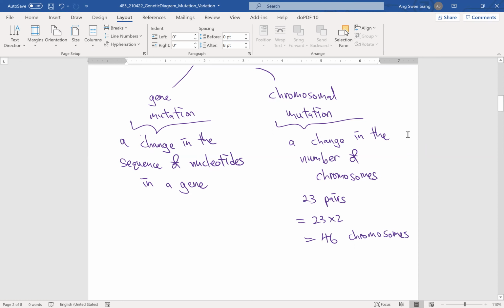We don't want more, we don't want less. When it comes to DNA, we want the exact number. It doesn't mean the more the merrier all the time. I will be elaborating on examples of these two types of mutation in the next lesson. Before we end the lesson, any question?